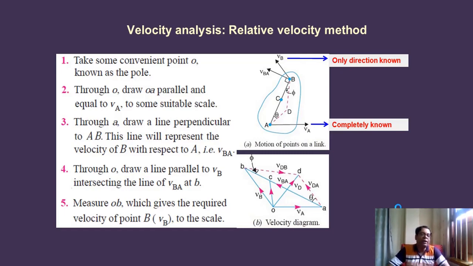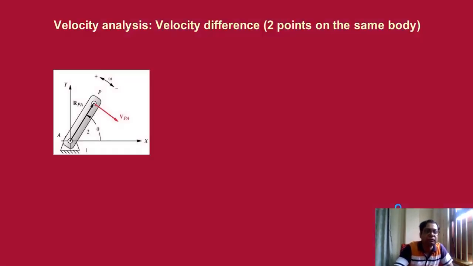By measuring it with a suitable scale or multiplying it by some scaling factor, we will know the exact value of that particular velocity. Now, it is a very theoretical phenomenon.